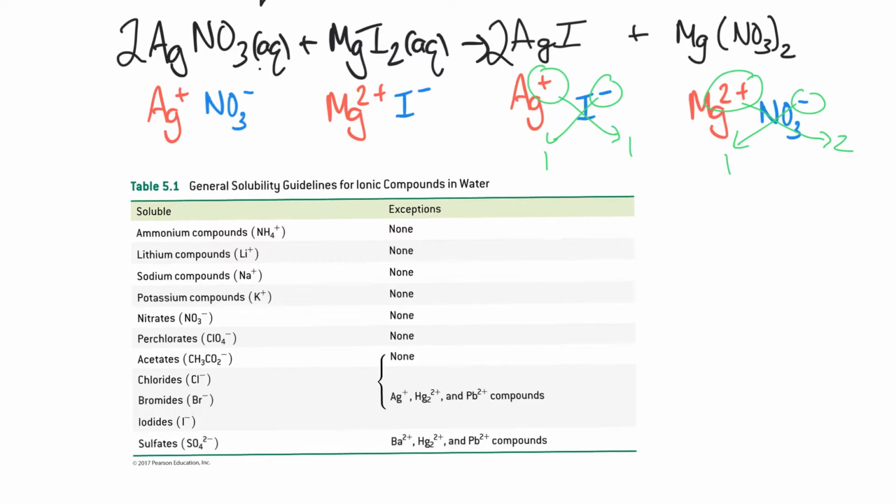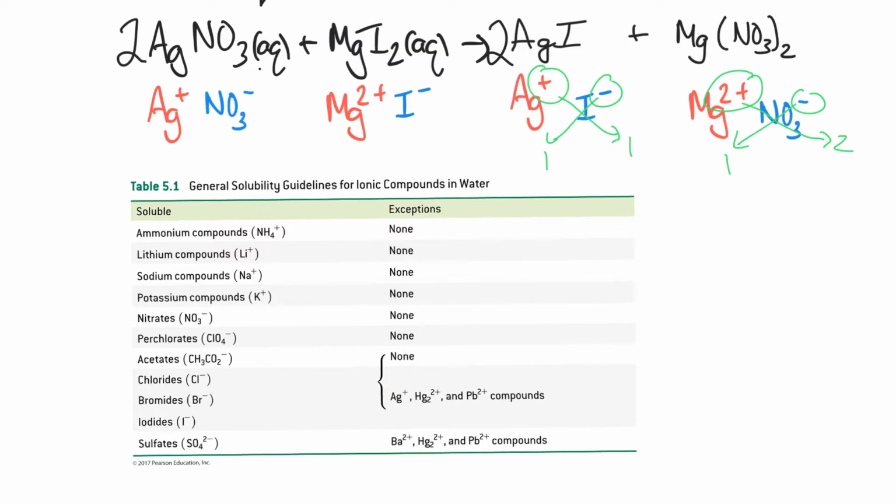We look down through the rules. This is everything that dissolves, and these are the exception columns. And if it isn't on this list, we assume it isn't soluble. So here we go. Here's silver iodide. It's got silver and it's got iodide. And if we look down the list, we see iodide. So it looks like it's soluble, but it is one of those exceptions.